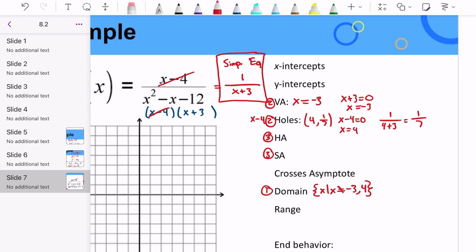The one thing I need you to realize is that here we have the degree of the denominator being greater than the degree of the numerator. Whenever that happens, our answer will be y equals 0. So our horizontal asymptote is y equals 0. Because of that case, our slant asymptote is going to be none.